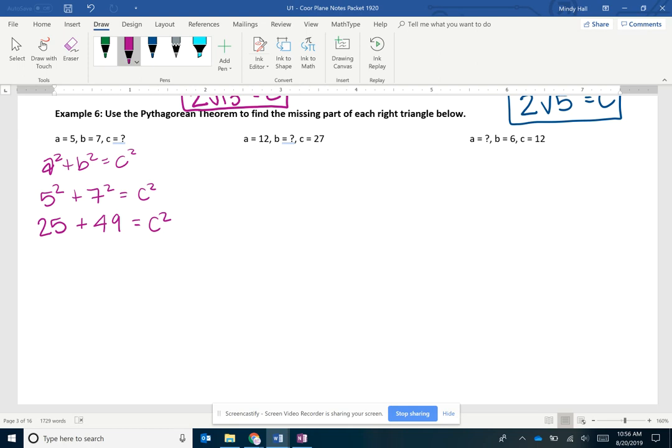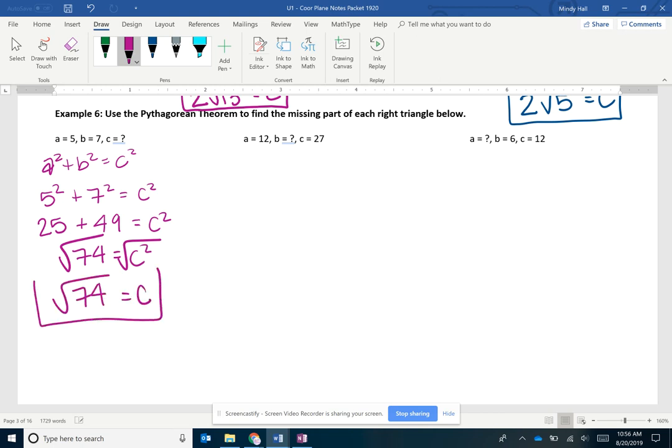And 25 plus 49 gives you 74. So then, let me do a quick check. 74 divided by 4 is a decimal. 74 divided by 16, also a decimal. And definitely not going to 25. So when you take the square root, there is no way to simplify it, so you just leave it as the square root of 74.